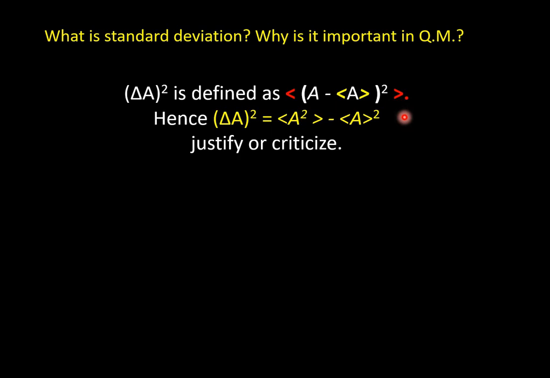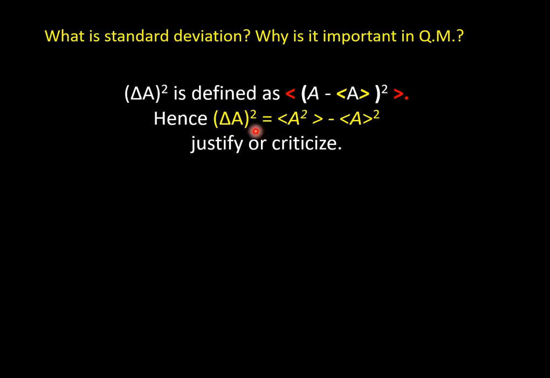Now, starting from this definition, we can reach a very practical, useful expression: the same delta A square is equal to A square average minus A average square. If you get the same value all the time in your accurate measurements, then you can see that the A average squared is exactly the same as the square average, and that means there is no distribution.